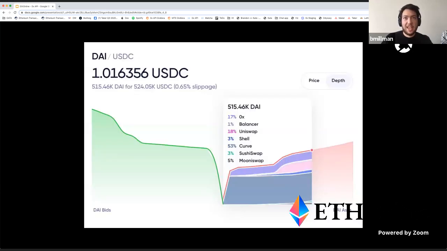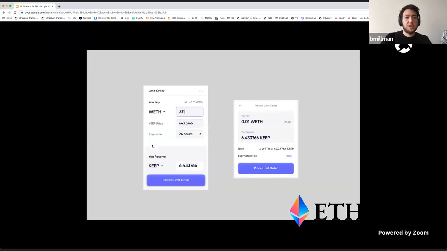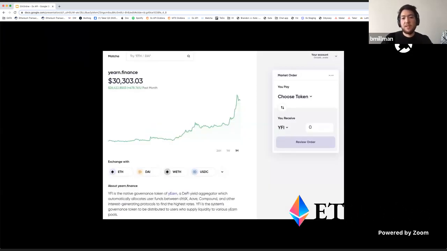So here's a DEX depth chart, which is something that doesn't really exist anywhere else. This actually shows you in aggregate as a global liquidity pool, what do different decentralized exchanges offer in terms of liquidity. Matcha also has limit orders, historical charts, basically everything that you would expect from a modern trading experience.